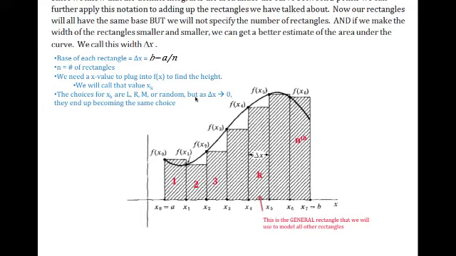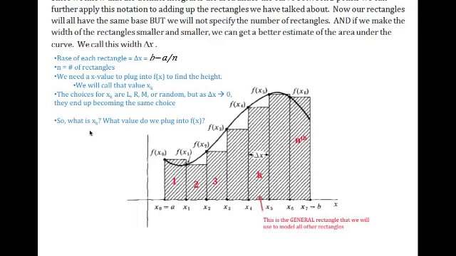If we choose any of those spaces, and we're going to go ahead and make delta x, the distance between here and here, smaller, it's going to go to 0. Basically, the left, right, and middle or random endpoint kind of end up being the same choice. They all collide into each other.